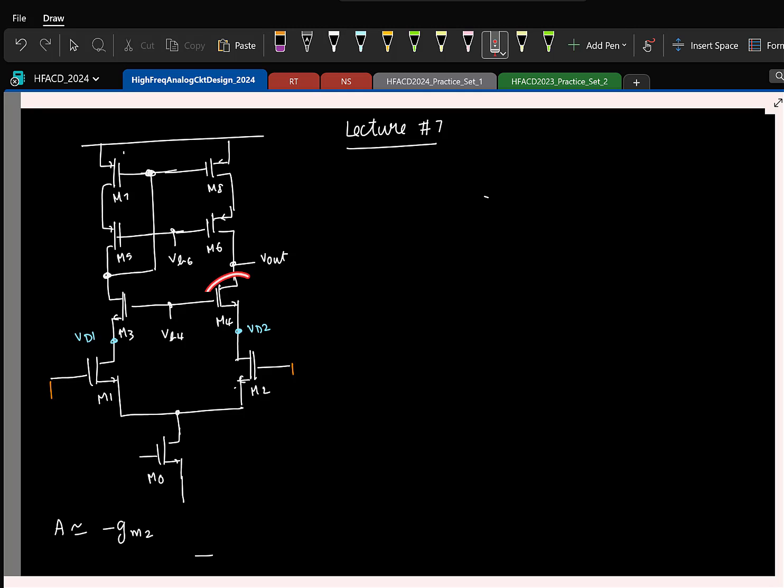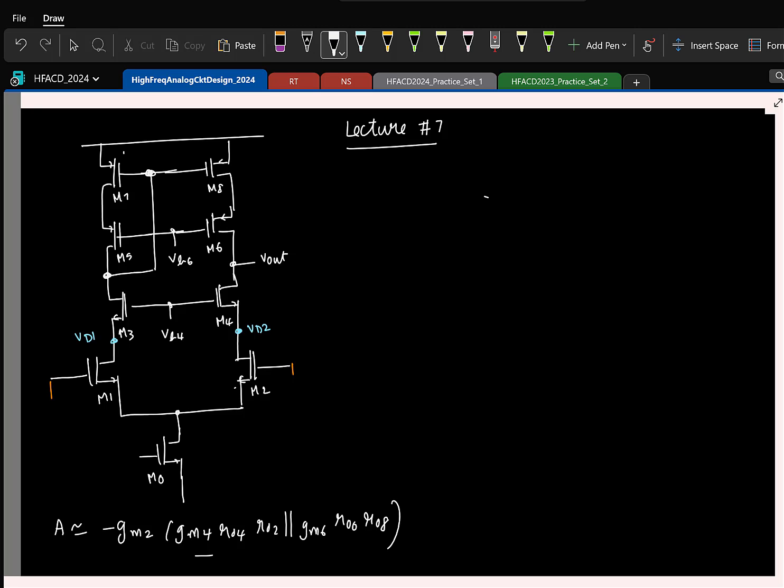It was the parallel combination of the bottom cascode and the top cascode. So that is essentially GM4 R04 R02 in parallel with GM6 R06 R08, right? Cool.